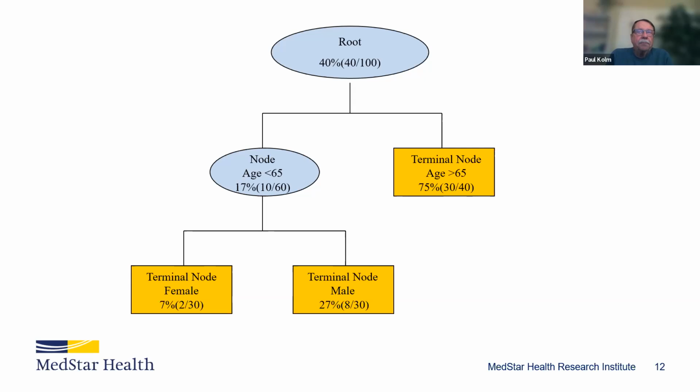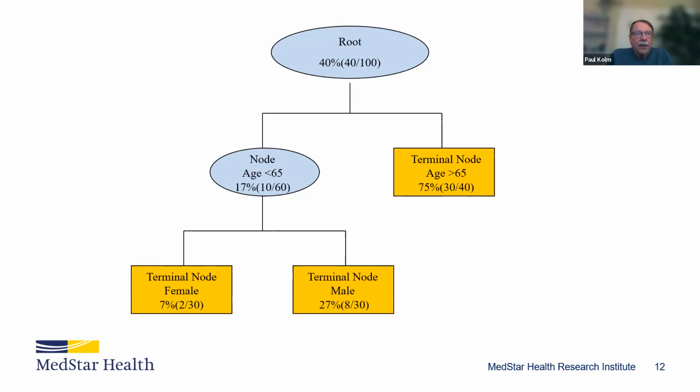And then we may or may not have a further extension of the tree, or to use the terminology, growing our tree. For the patients who are less than 65, which are 60 of them, there's another split by sex.